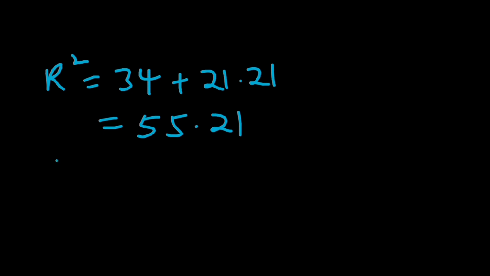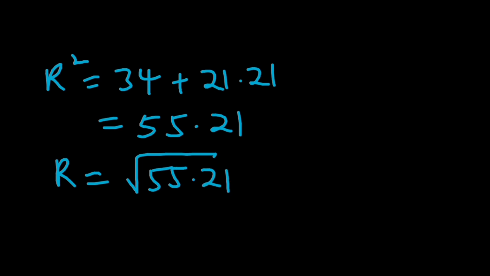If we take the square root of both sides, we have that R equals the square root of 55.21, and therefore the resultant force R is obtained as 7.43 Newton. Therefore, the resultant of the two forces inclined at 45 degrees to each other is obtained as 7.43 Newton.